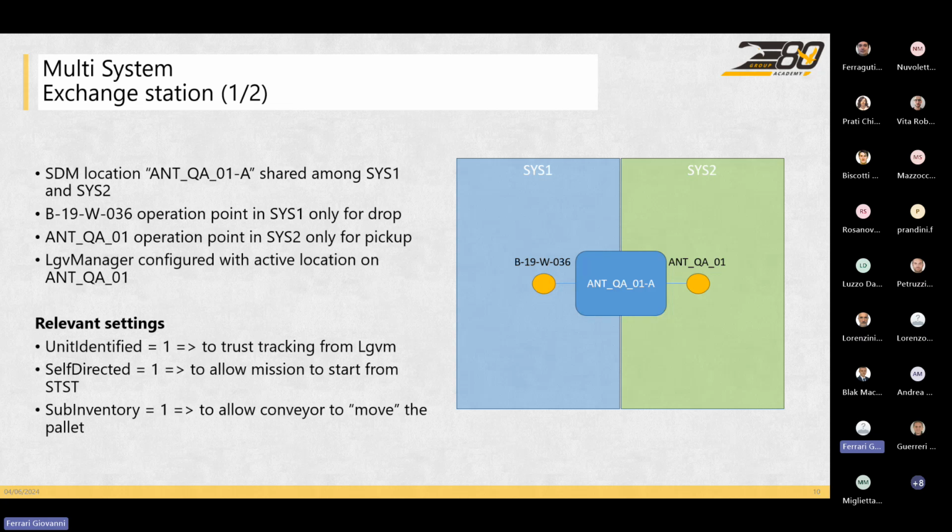The self-directed, to allow missions that are starting from the RGB manager with the status message, and the sub-inventory also to allow SDM to trust the field to notify a pallet was moved. So SDM will accept requests, let's say messages with the tracking info for a pallet that is in a new location than the one that SDM was knowing before.